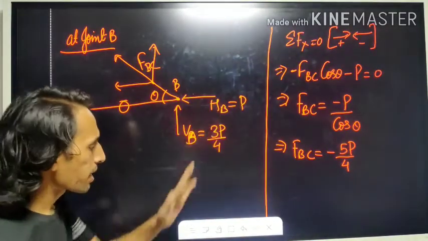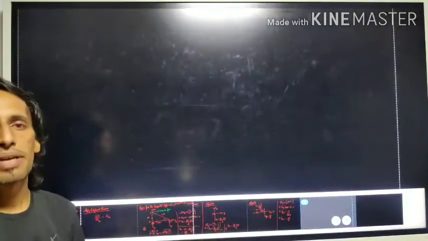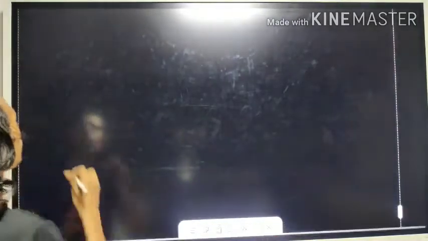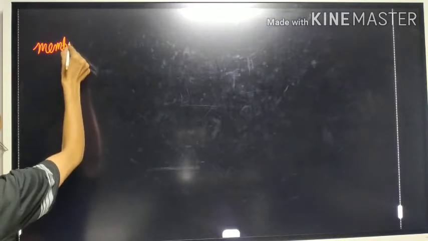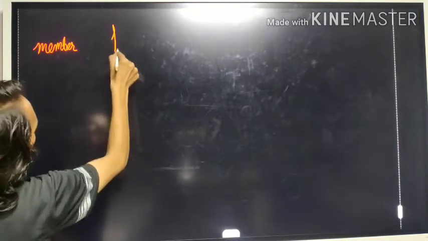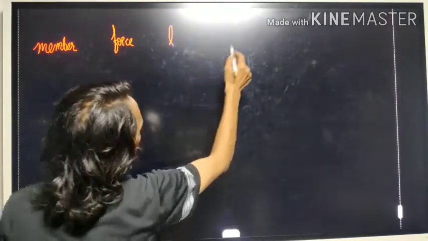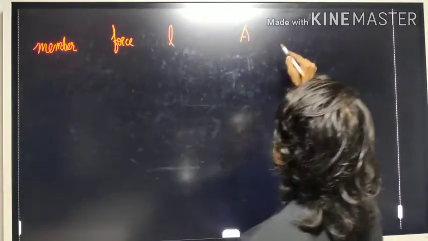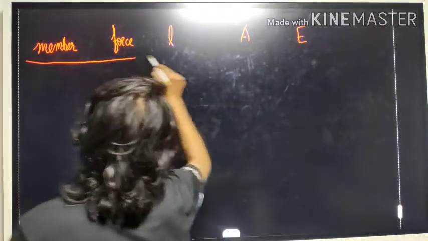So let me write it in a very simple form, so that our calculation will become easier. So I am writing here member, force in the member, length of member, area of the member, and modulus of elasticity of the member.